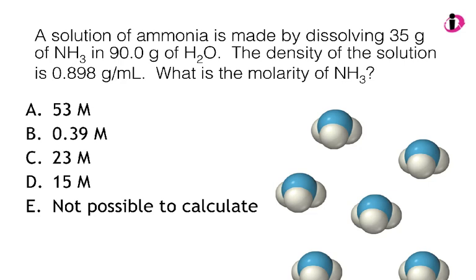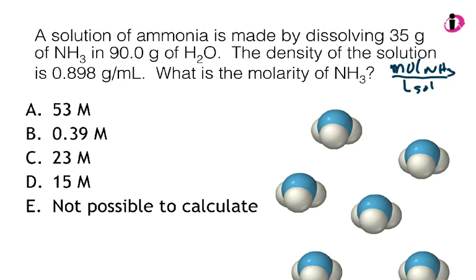A solution of ammonia is made by dissolving 35 grams of ammonia in 90 grams of water. The density of the solution is 0.989 grams per milliliter. What is the molarity of the ammonia? All right, so we're looking for the molarity. So we need to know our moles of NH3, and we need to know our liters of solution.